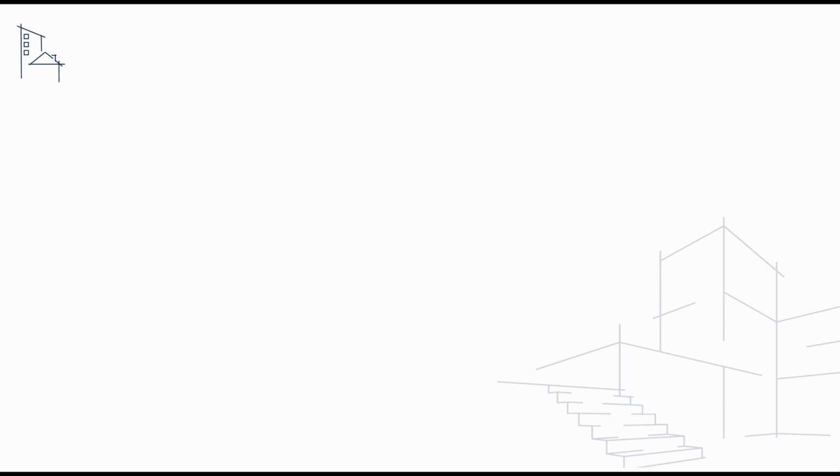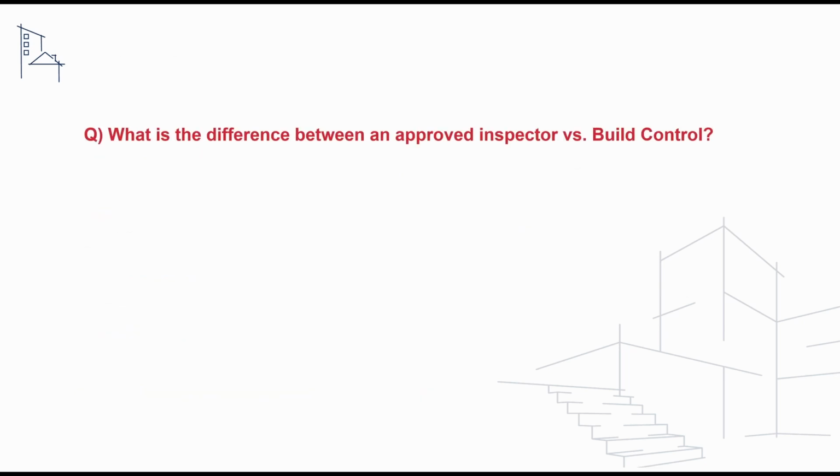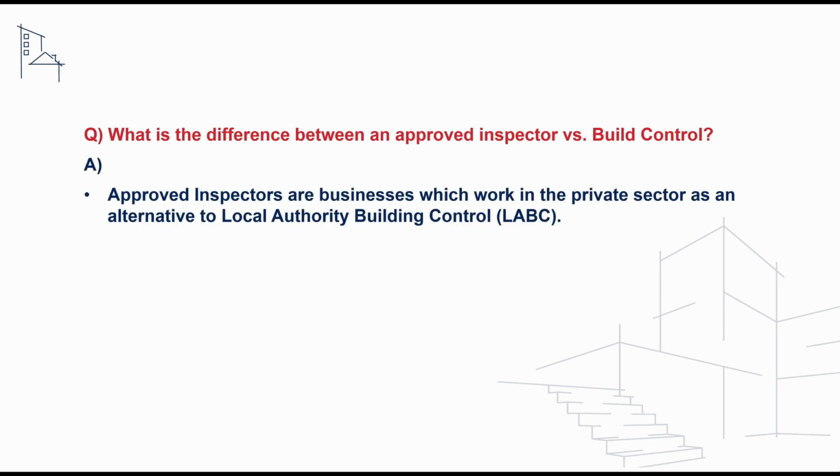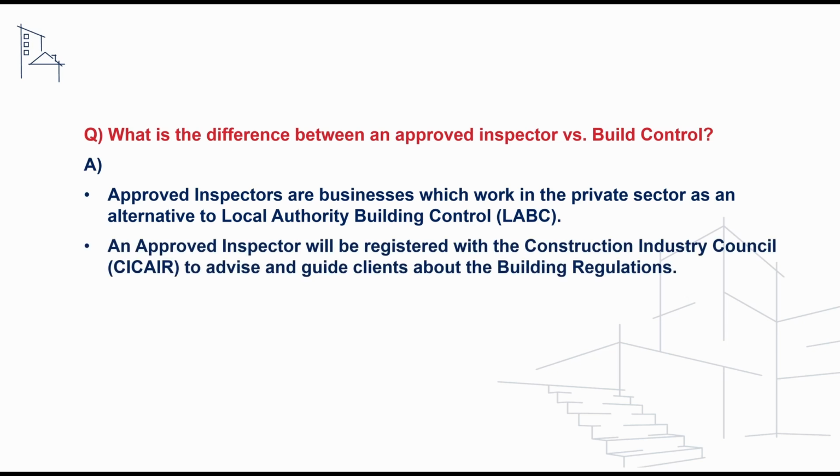The next question we'll take a look at is what is the difference between an approved inspector versus building control. And to address this, we can say that approved inspectors are businesses which work in the private sector as an alternative to local authority building control, whereas an approved inspector will be registered with the Construction Industry Council to advise and guide clients about the building regulations.